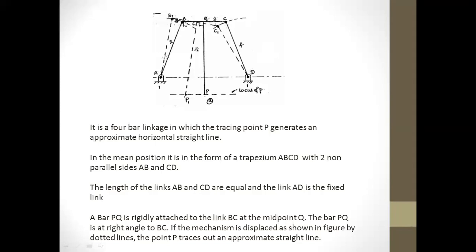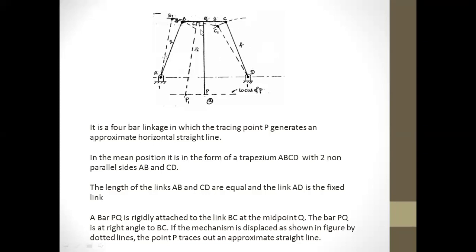From the center, a bar PQ is attached. AB and CD are of equal length, and AD is the fixed link.